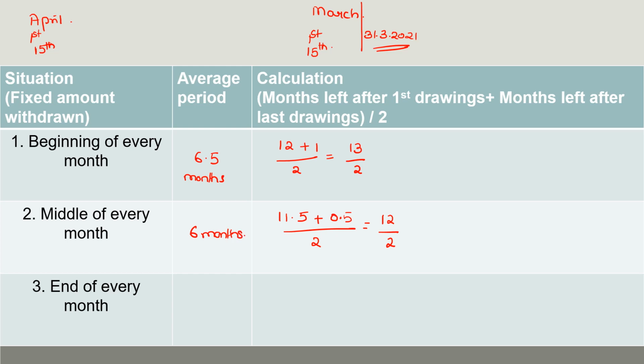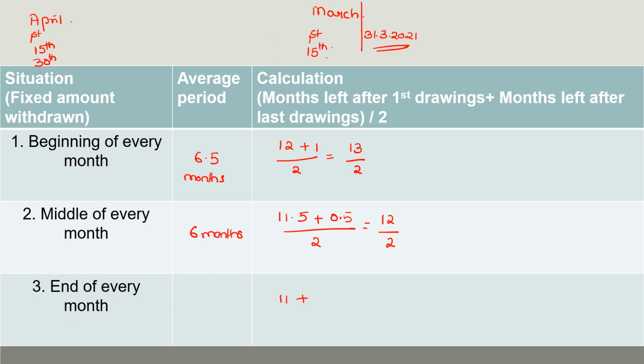So the average period when the fixed amount is withdrawn in the middle of every month is 6 months. Now we will take the third case, that if the drawings are made at the end of every month, means the first drawing would be made on 30th of April. So April month is gone, the rest of the 11 months are left.